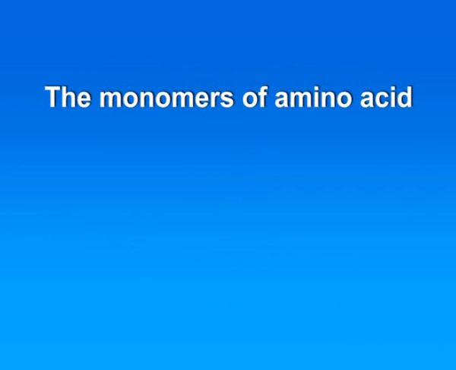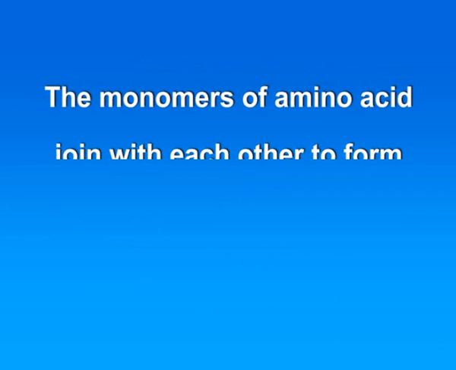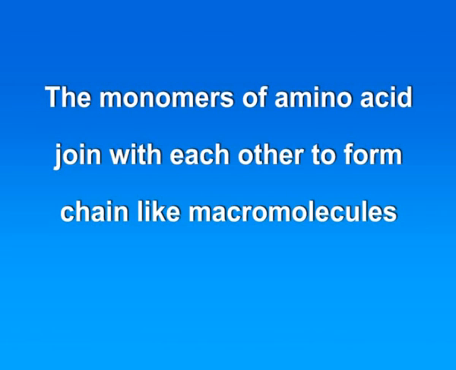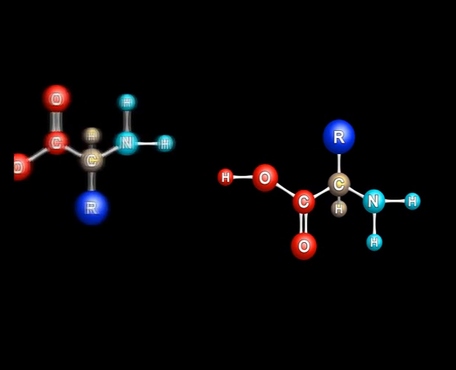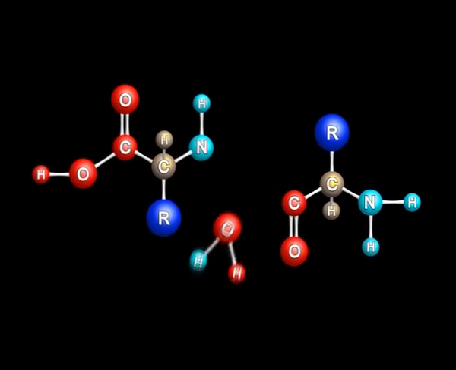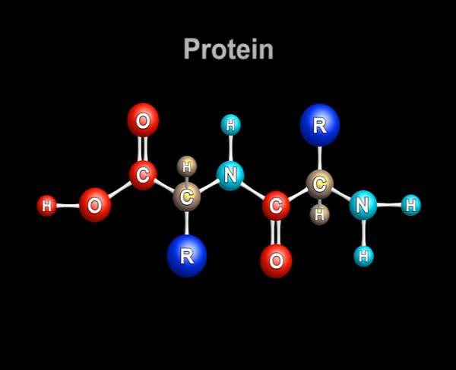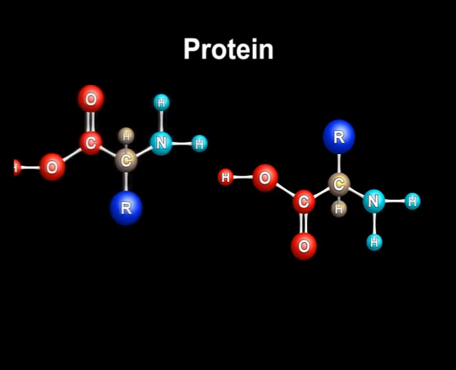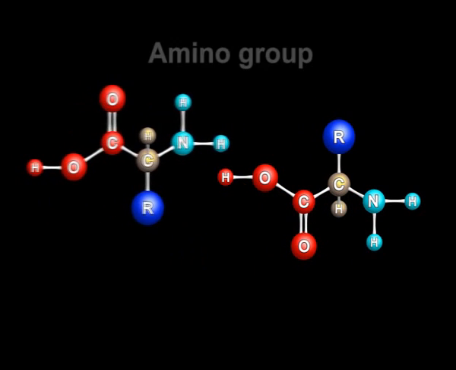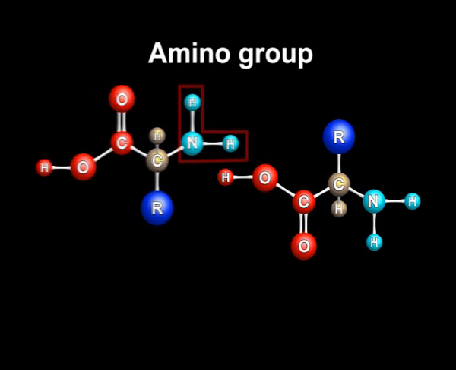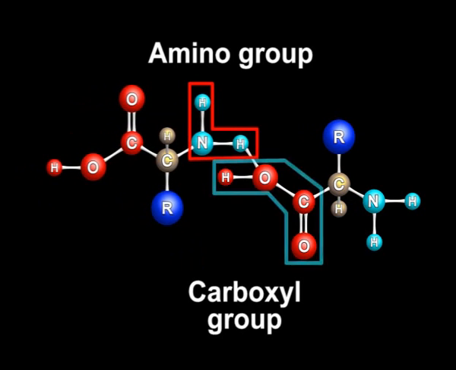Structure of proteins. The monomers of amino acid join with each other to form chain-like macromolecules called polymers. These macromolecules, having high molecular weight, are called protein. In a molecule of protein, the amino group of one amino acid combines with the carboxyl group of its neighboring amino acid.